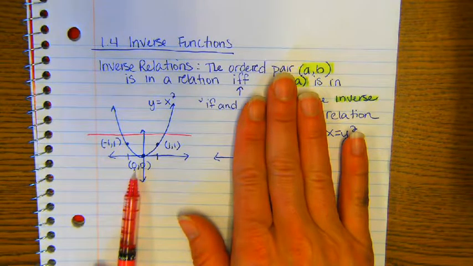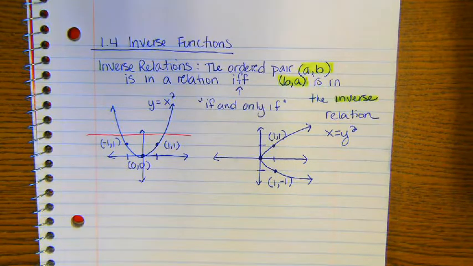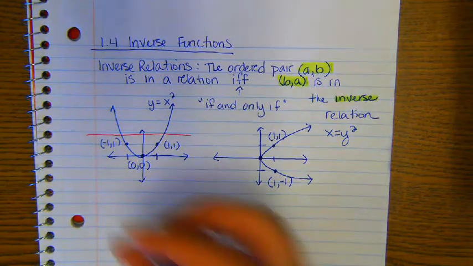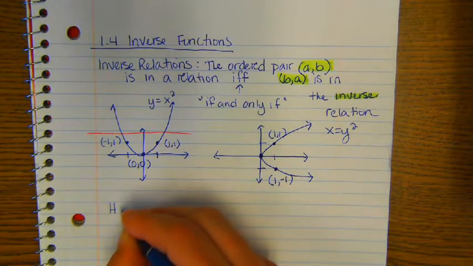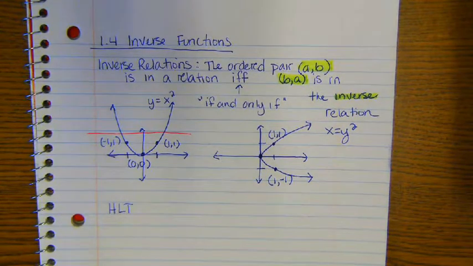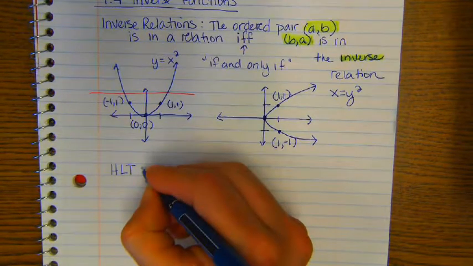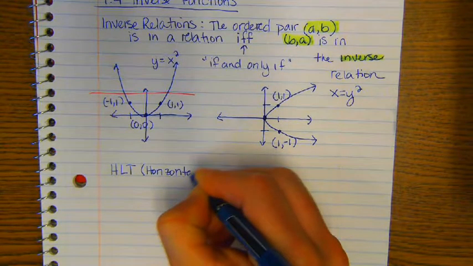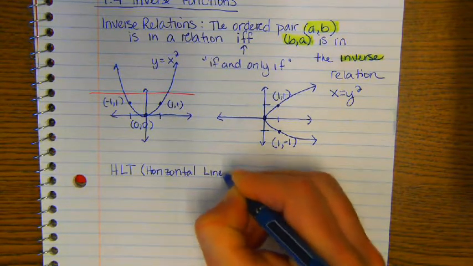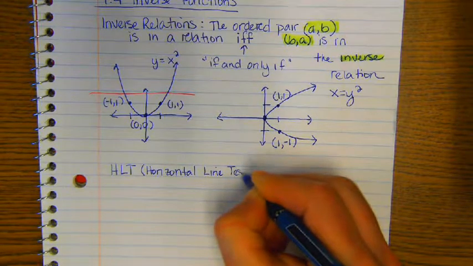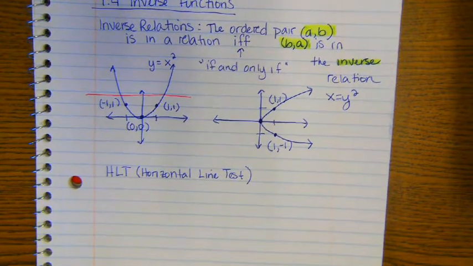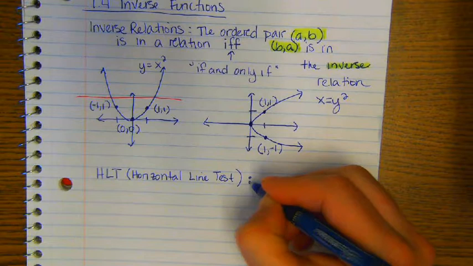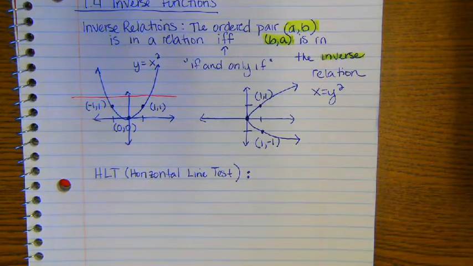Okay, so let's write down the horizontal line test. HLT, I'll call it. It is used to check, not the function, but if its inverse is a function without having to draw it.